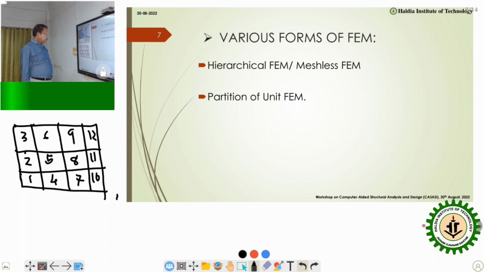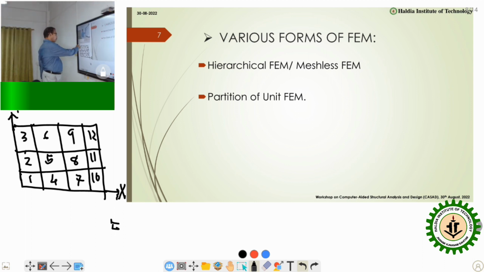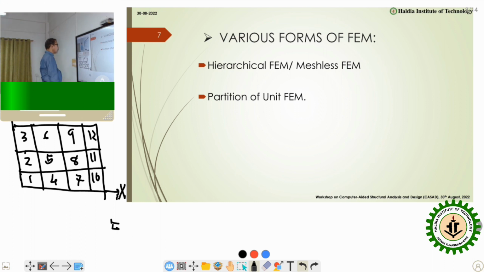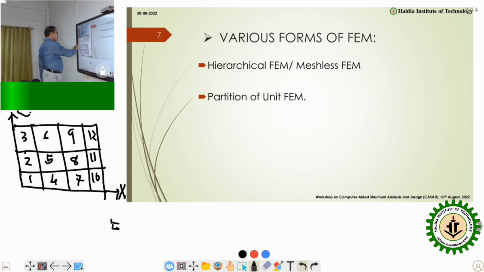So here this plate has been divided into 12 elements. In these 12 elements, we can see that the plate, in the x direction, suppose we say this is the direction of x, and this one is y.